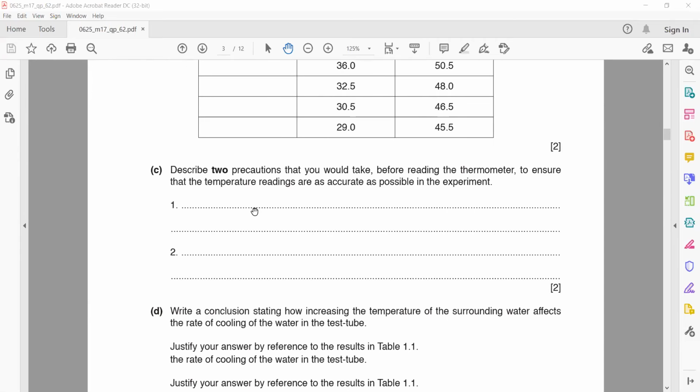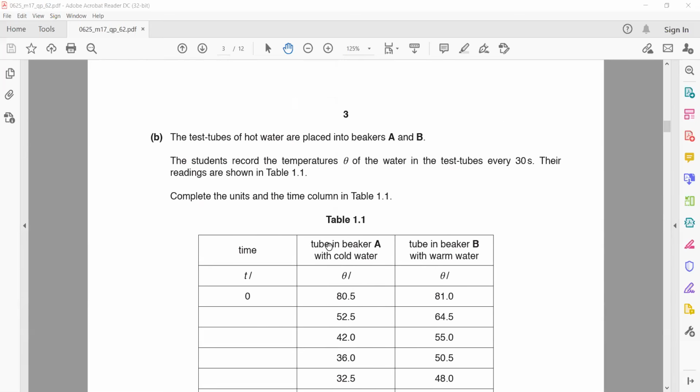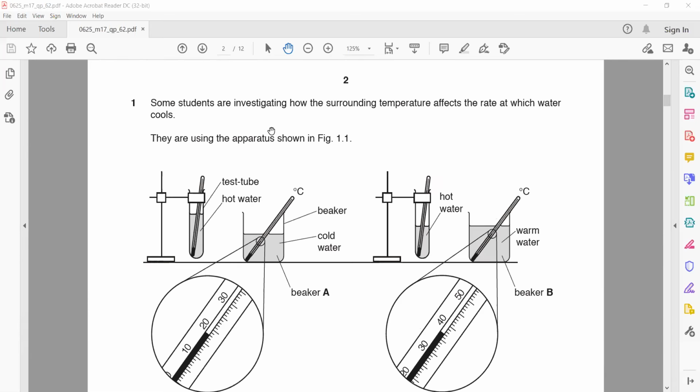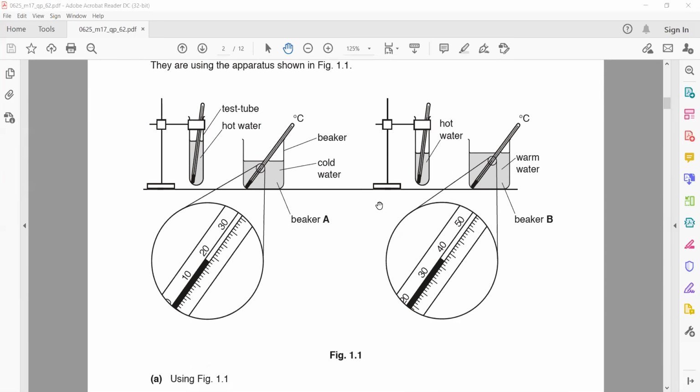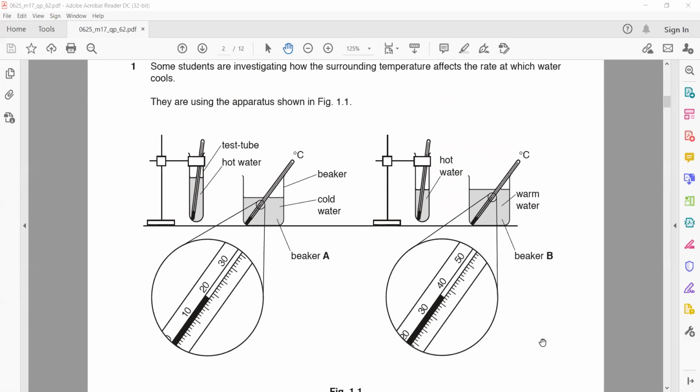The next part: describe 2 precautions that you would take before reading the thermometer to ensure that the temperature readings are as accurate as possible. Like what the student is doing, the student is placing this test tube in cold water and then in hot water, and he's recording the temperature. So what precautions should we take to ensure that our results are reliable and accurate?